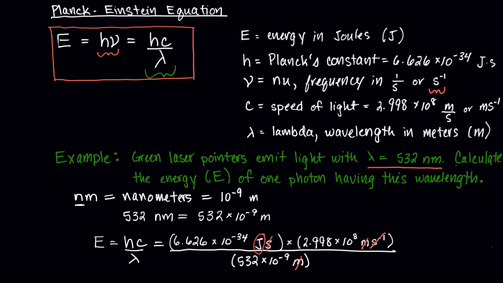If we plug this into our calculator, we get 3.732 times 10 to the minus 19th joules as the final answer. So again, this is the energy of a single photon of light having the wavelength 532 nanometers.